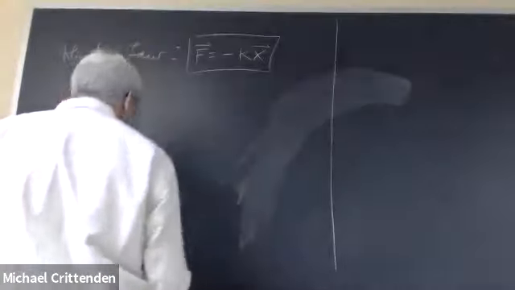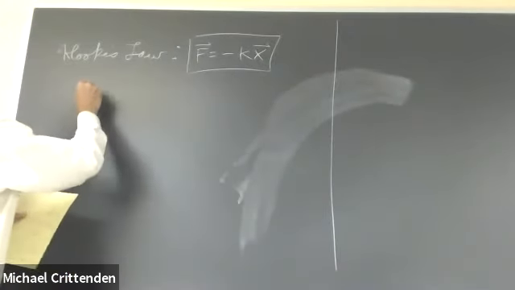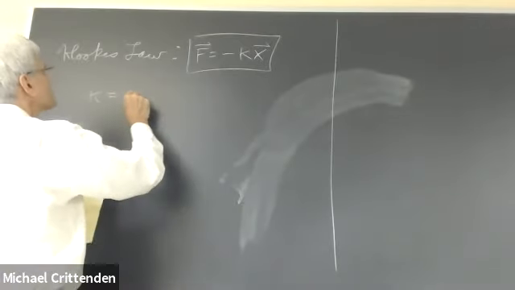K is a property of the spring that describes its stiffness, usually called its spring constant.